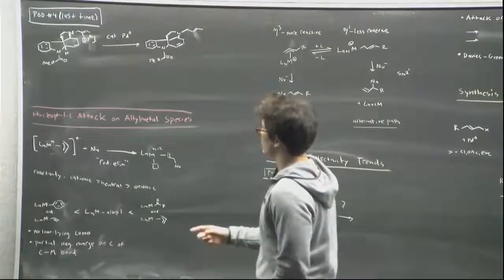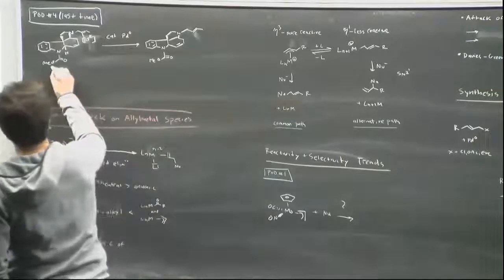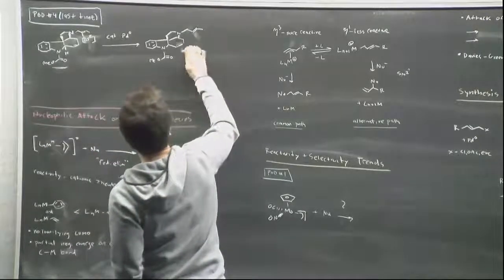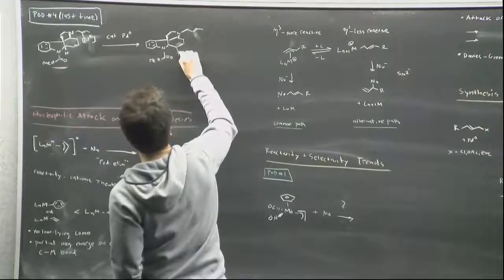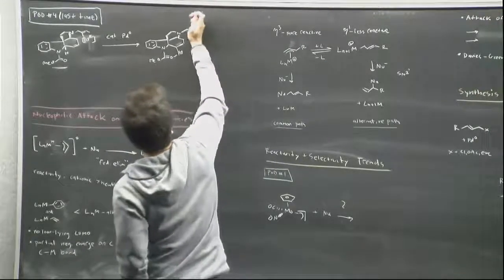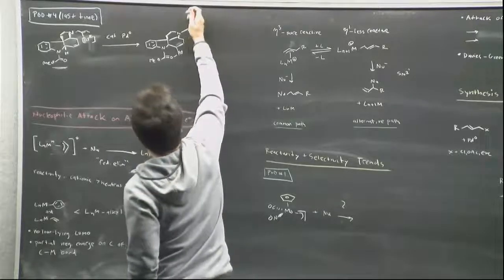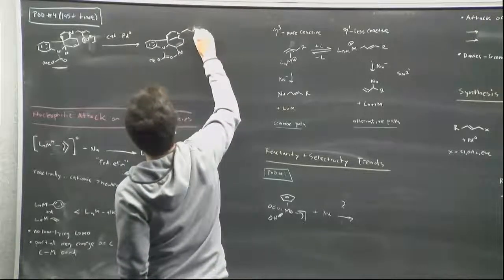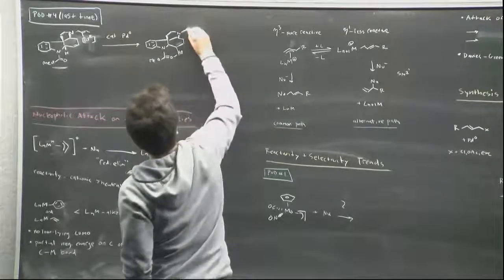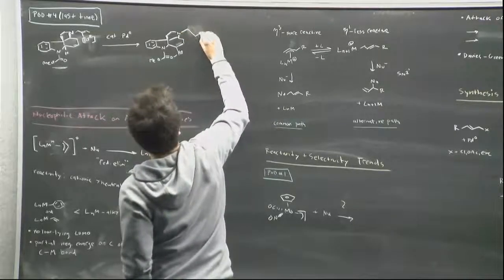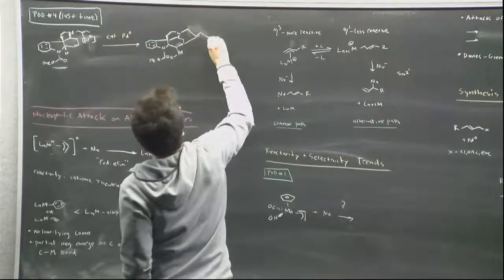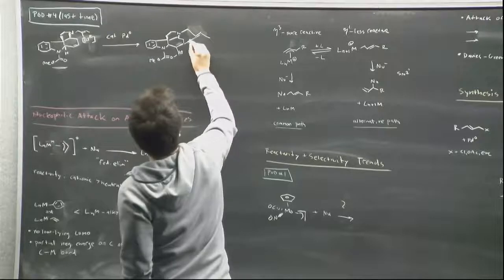Okay, so I like this idea that this could serve as a coordinating group or a directing group. So let's go ahead and draw out that intermediate. In the interest of time, I'm not going to draw this out in 3D, so you're going to have to take my word for it that this doesn't look so horrible when it's actually drawn out.